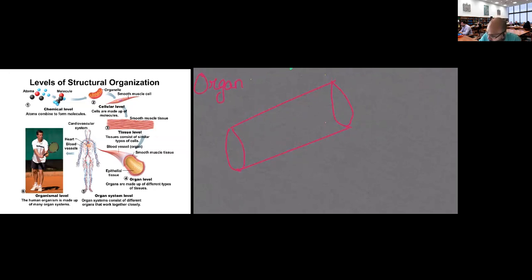For example, on the inside of the blood vessel, you're going to have an internal lining that is built up by a type of tissues that we call the epithelium. And in the wall of the vessel, we're going to have muscle cells forming together a smooth muscle tissue.